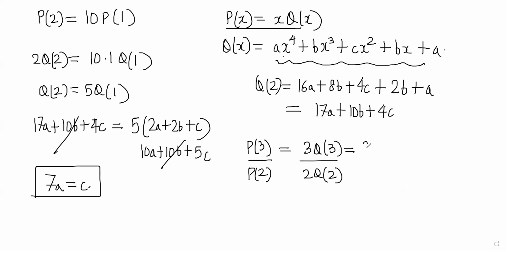And calculating this, 3 times q of 3 will be 81a and there will be an a here, so it will be 82a plus 27b plus 3b, so 30b, plus 9c, divided by twice q of 2, and q of 2 was basically, we had calculated that already.